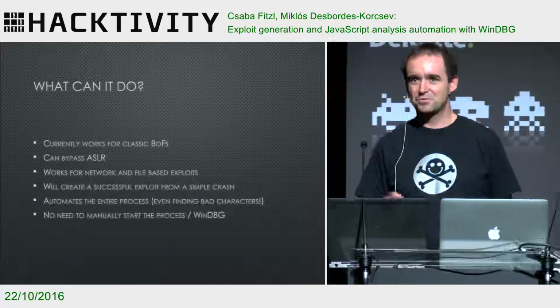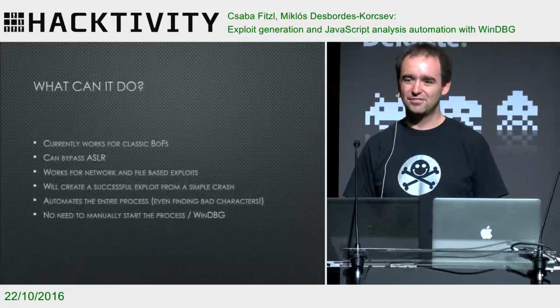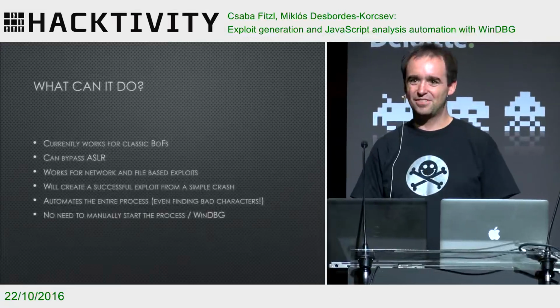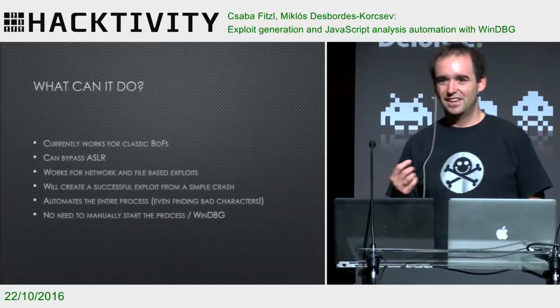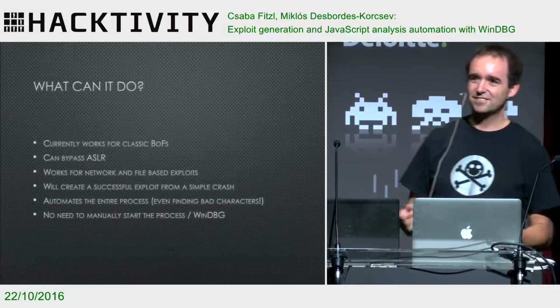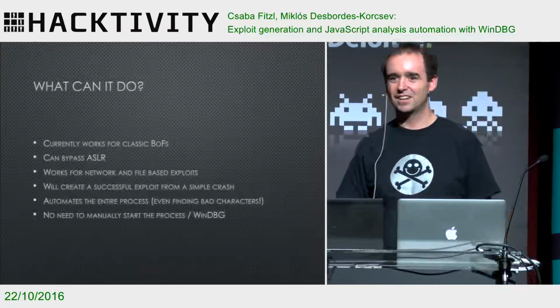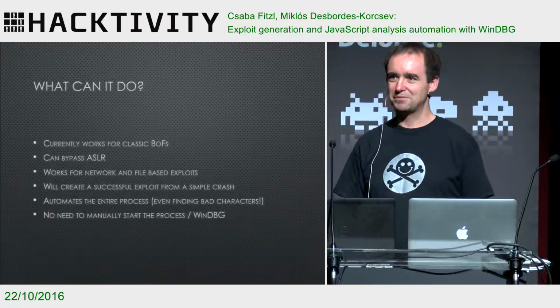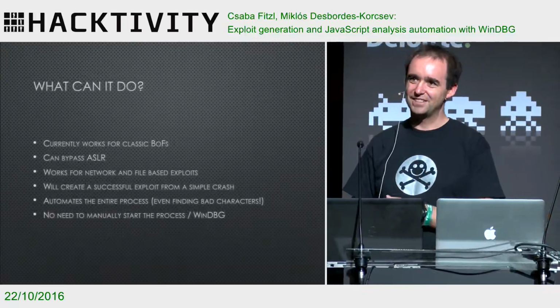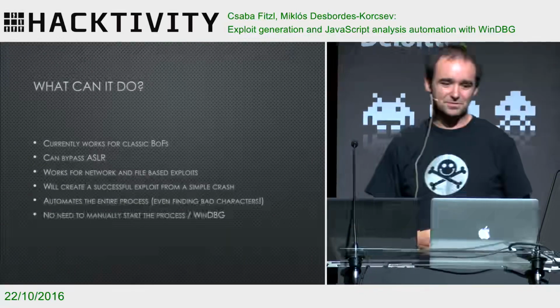It's important because the workflow is a bit different. If your exploit is file-based, like an MP3 list, then you need to actually generate the file and then open the application and open the file, while with network-based exploits, you need to start the application and then send the exploit after.